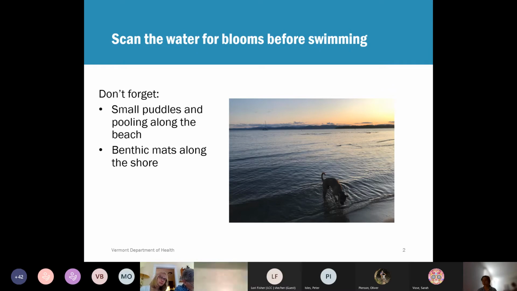It is suspected that across the US, dogs have become ill and died after eating chunks of these benthic cyanobacteria pieces. And kids would also have an interest in putting that in their mouth and eating it. So you're going to want to be on the lookout for those kinds of things and try to keep your pets and kids from eating things along the shoreline that might be benthic cyanobacteria mats.